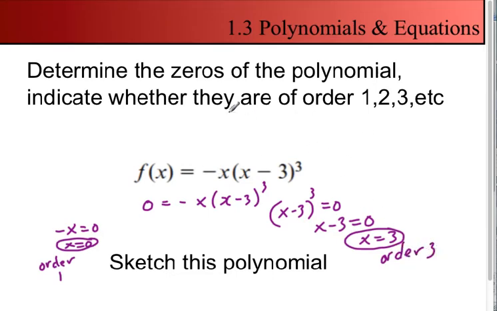Okay, so let's make a sketch of this. I'm just going to do this very rough, taking into account a couple things in a minute. Alright, so let me get an axis going here. Here we go. And let me write out this equation. So it was f of x equals negative x times x minus 3 cubed.